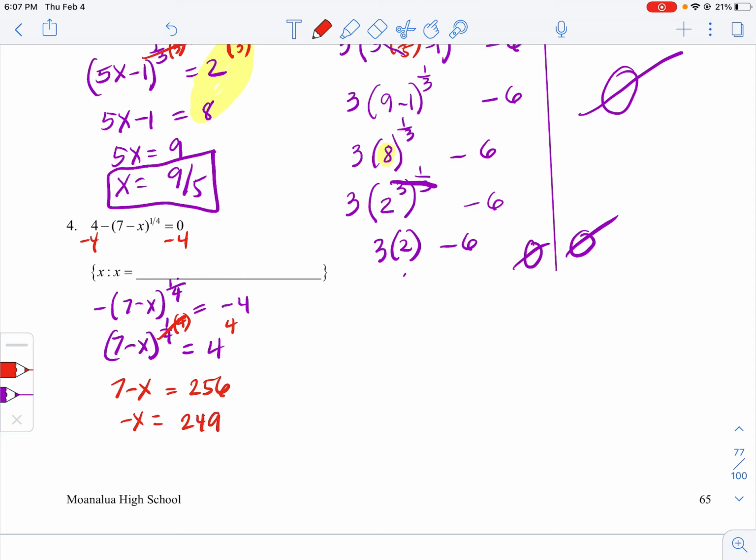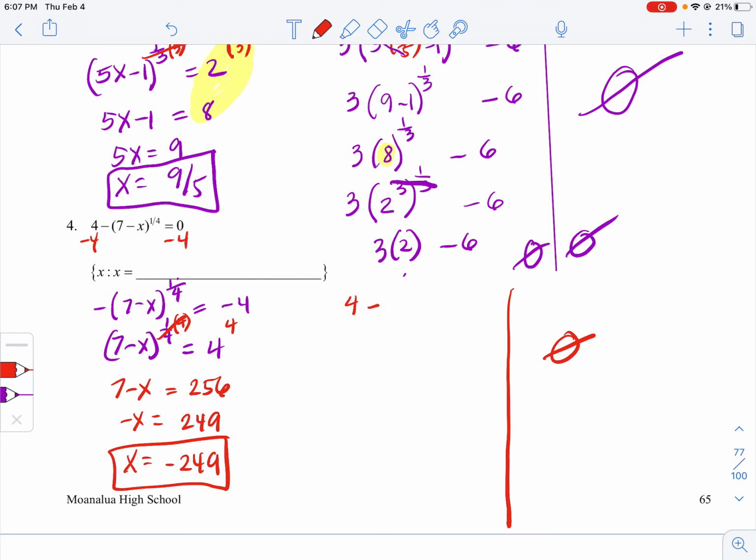We divide by negative on both sides. So we are going to end up with x equals negative 249. Okay. We are going to check. We have a 0 on the right. So 4 minus (7 minus negative 249) to the power of 1/4.